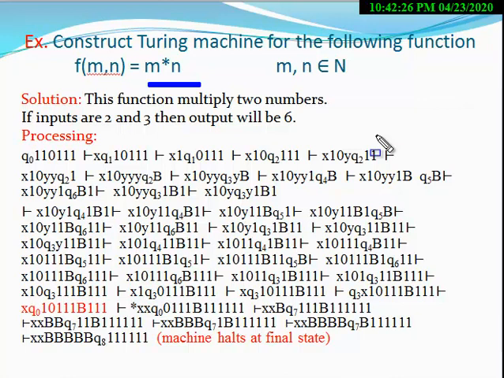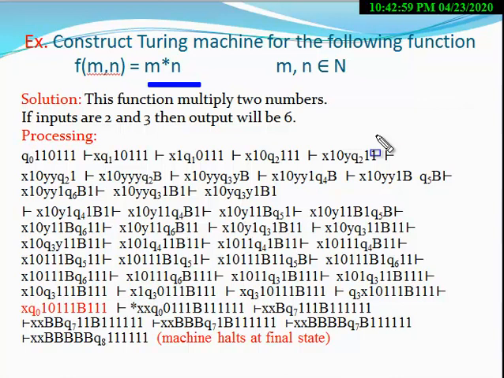So first we will discuss the logic: how can we make a Turing machine corresponding to this? Next, we will construct the Turing machine. First, you have to concentrate on the logic. If the logic is clear, then it will be easy to construct a Turing machine. But if the logic is not clear, then making a Turing machine becomes very difficult.